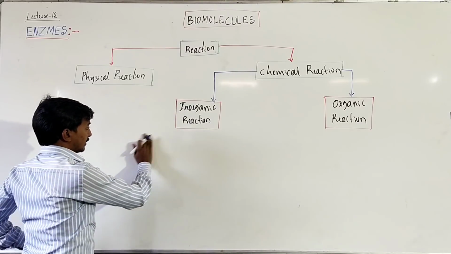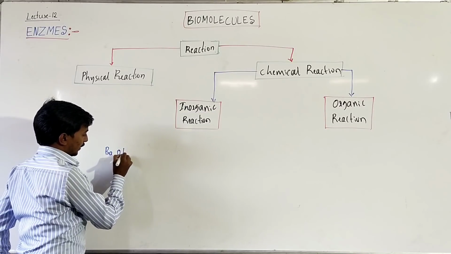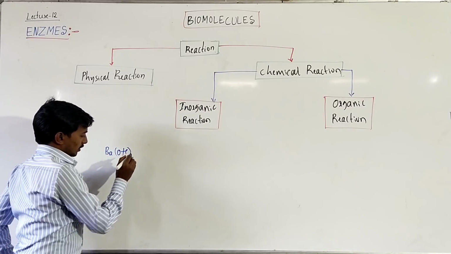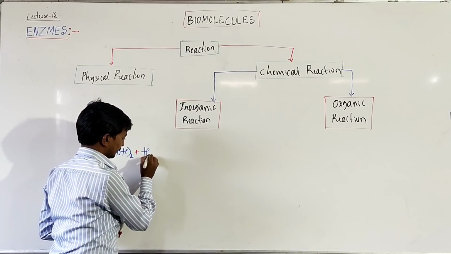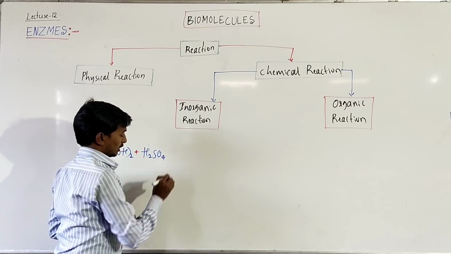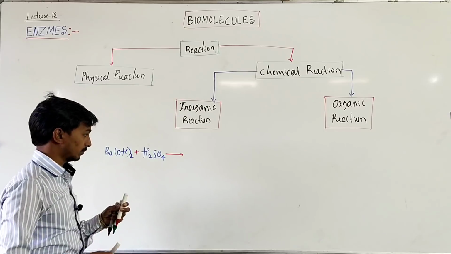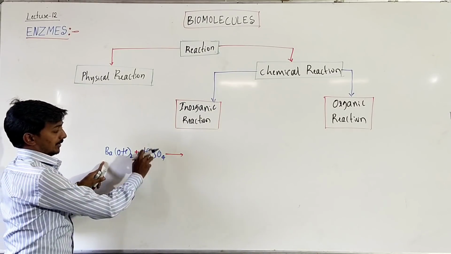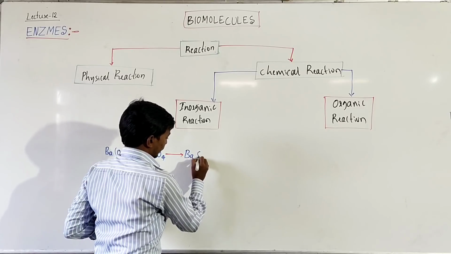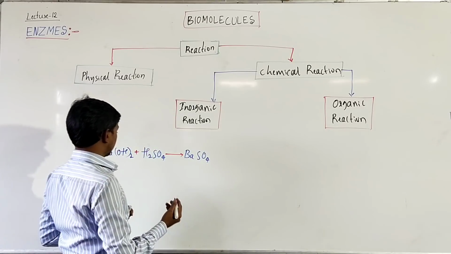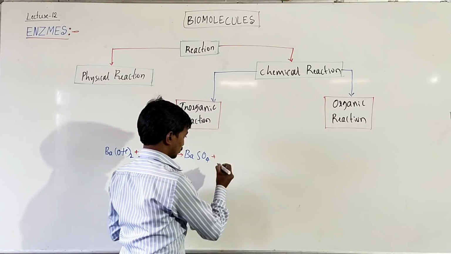So when we take barium hydroxide, when it combines with sulfuric acid, it will form barium sulfate, and the remaining thing will be two molecules of water.